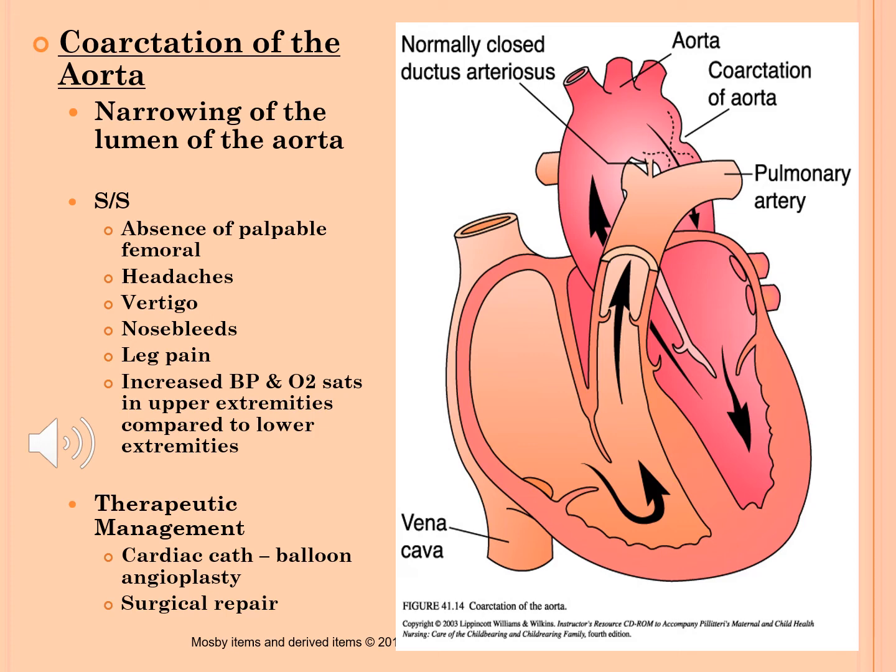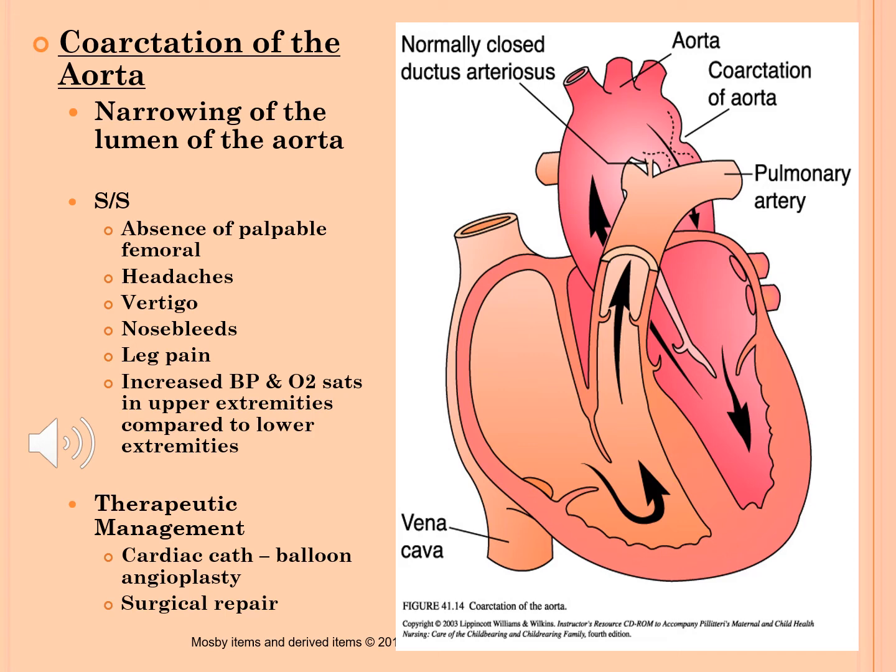So again, we may not catch this right away. Usually that narrowed area is distal to the right subclavian artery, so the pressures before that area increase and refer out to these vessels. It causes an elevated blood pressure in the right arm. Occasionally they can also have a murmur noted.